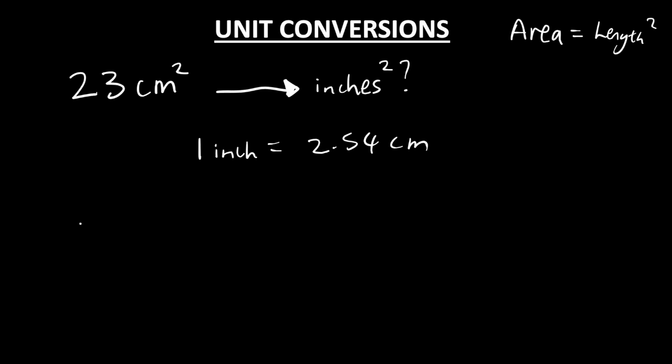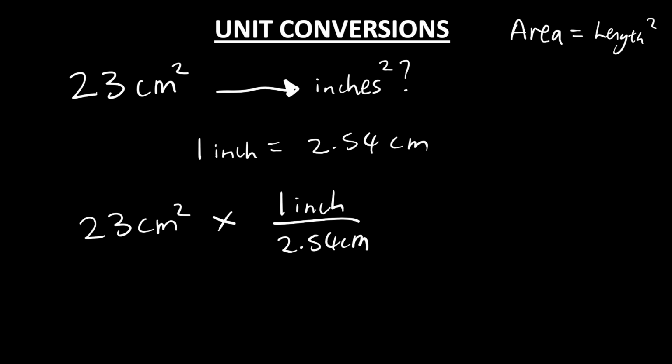So as we did earlier, we can do 23 centimeters squared times 1 inch over 2.54 centimeters. However, this time, looking at what we can cross cancel, only one of the centimeters will be cancelled, meaning that we have to square this in order to cancel both, to give our answers in inches squared.